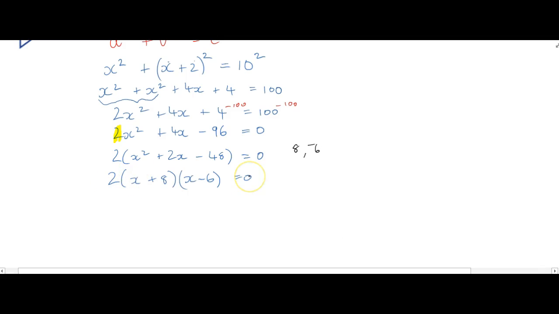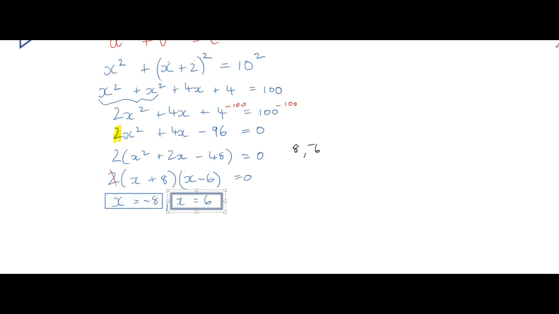Now, remembering when you solve these, only the factors with a pronumeral or an unknown make any sense, so ignore the 2. It doesn't come into our solving. If we equate these two to 0, we're going to get x is equal to negative 8, or x is equal to positive 6.